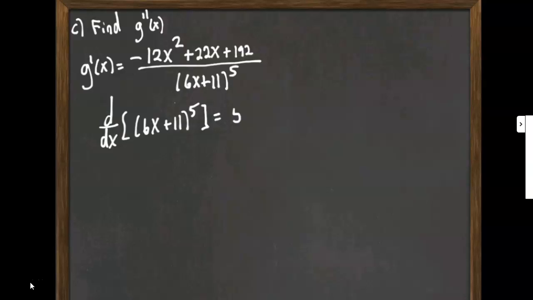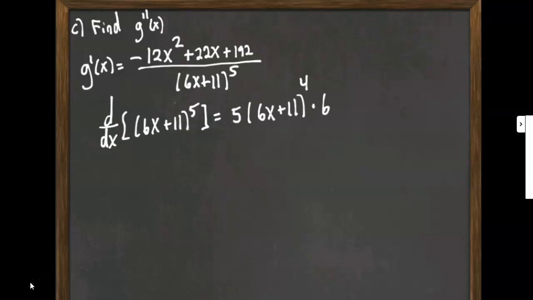So without writing out that detail, the derivative of the outer part, u to the fifth, would be 5u, but u is 6x plus 11, now to the fourth power. Don't forget, though, we're still using the chain rule. That's times the derivative of 6x plus 11, which is times 6. So that's going to be the derivative of the bottom function.